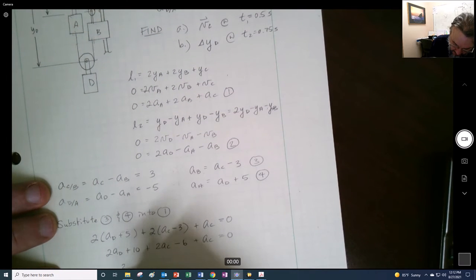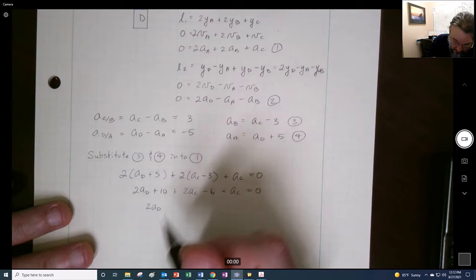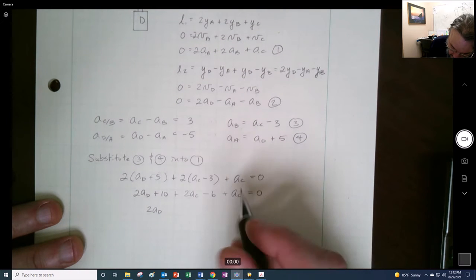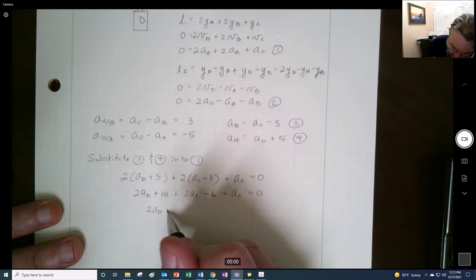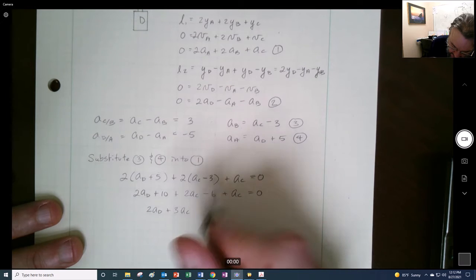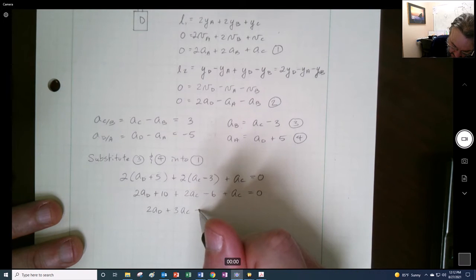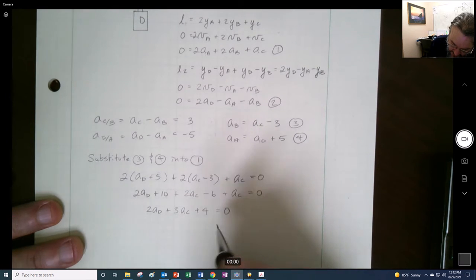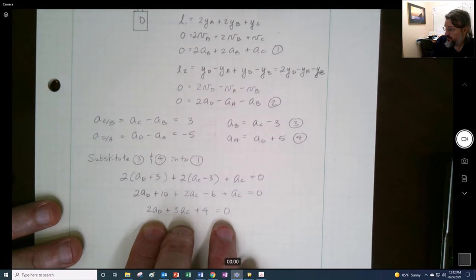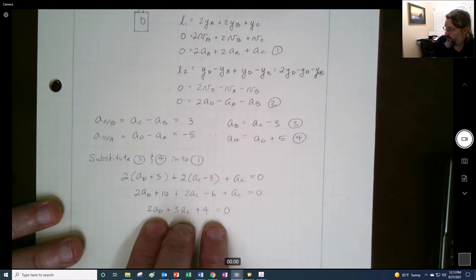So I have 2AD plus 3AC plus 4 equals 0. Let me look and see compared to what I've previously done, because I made a sort of a change right there. Yeah, I think everything's going to be fine right there.